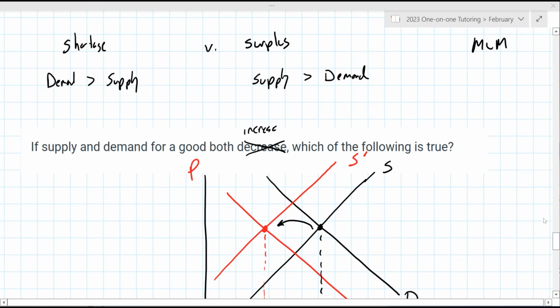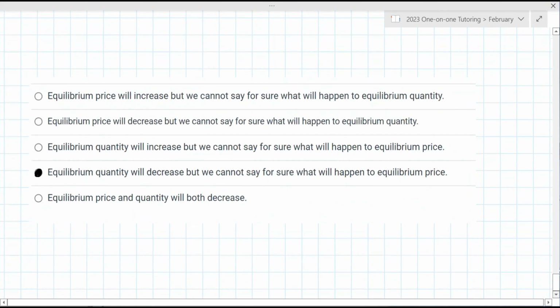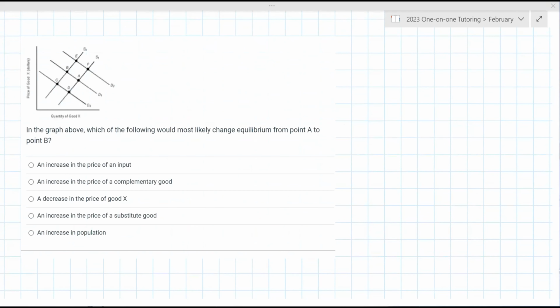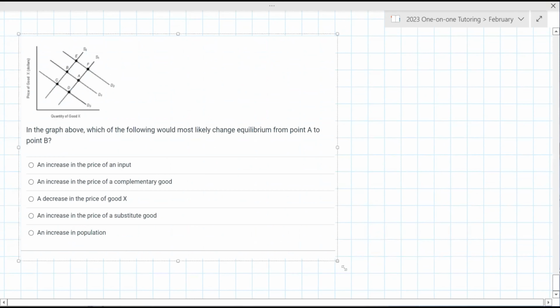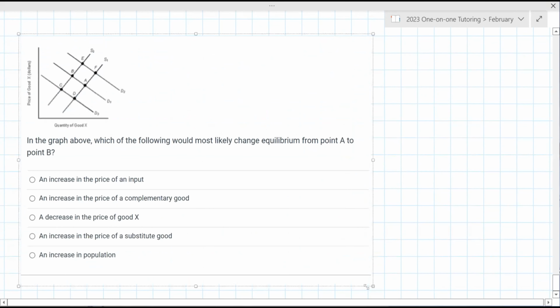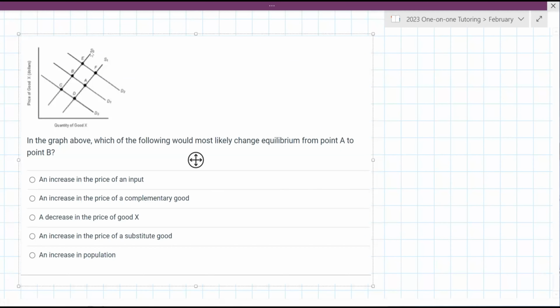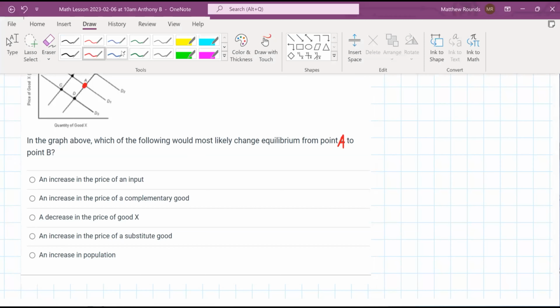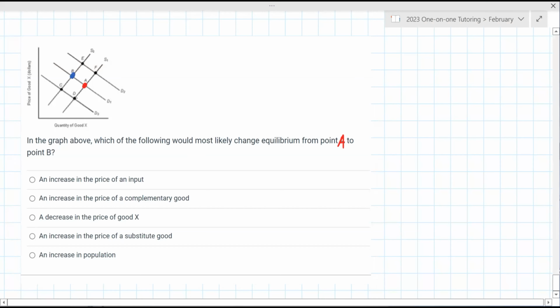All right, so here we go. New question. I'm just going in order now, 9, unless I hear otherwise. So they're saying that you're going from A to B. There's a couple of possibilities here.